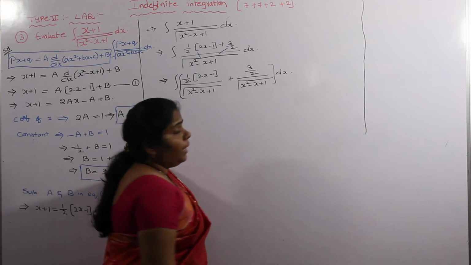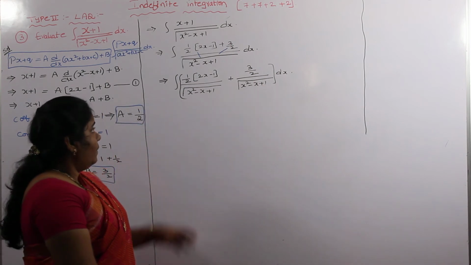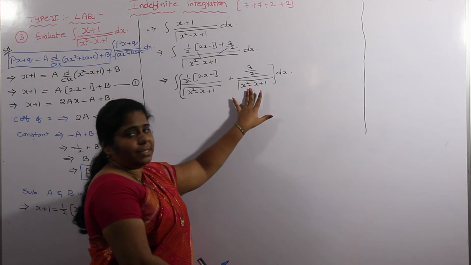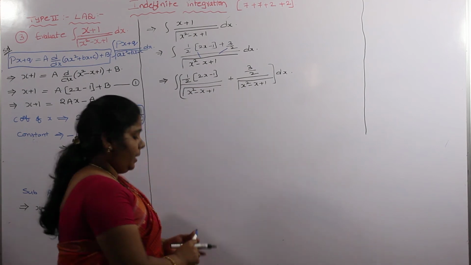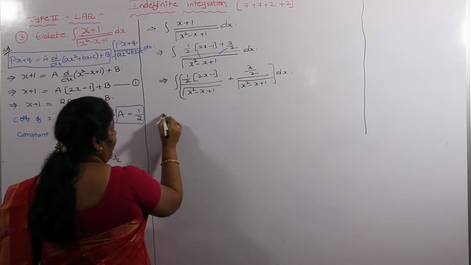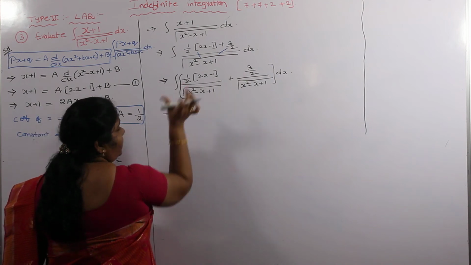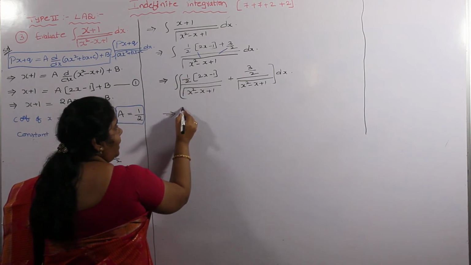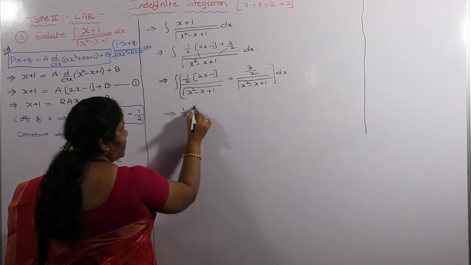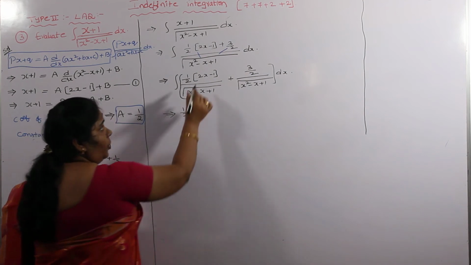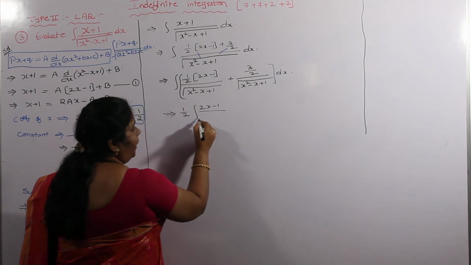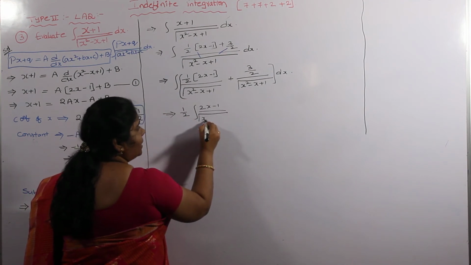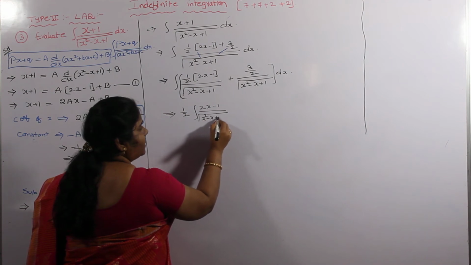Integration whole dx. Here we have two functions, one is this function, another one is this. Integrating each function separately, that implies integral of this function. Here 1 by 2 is a constant, so I am taking it out first. After that, the remaining numerator is 2x minus 1, and the denominator is root over x square minus x plus 1.